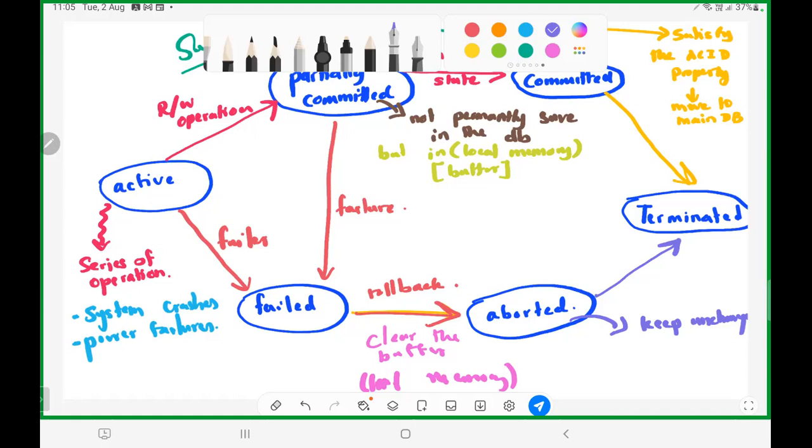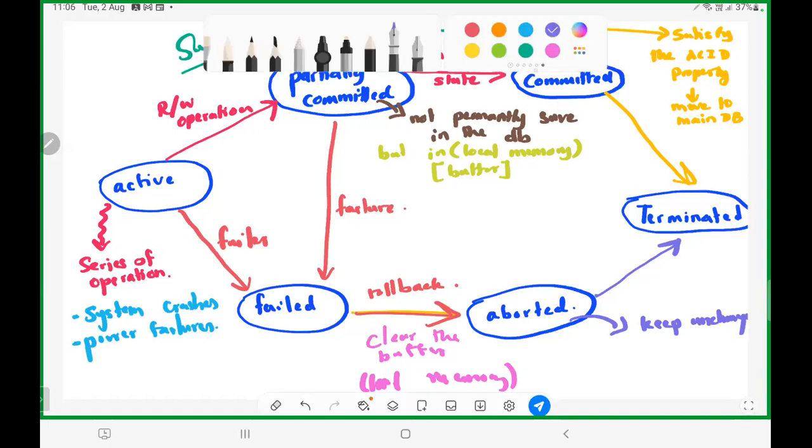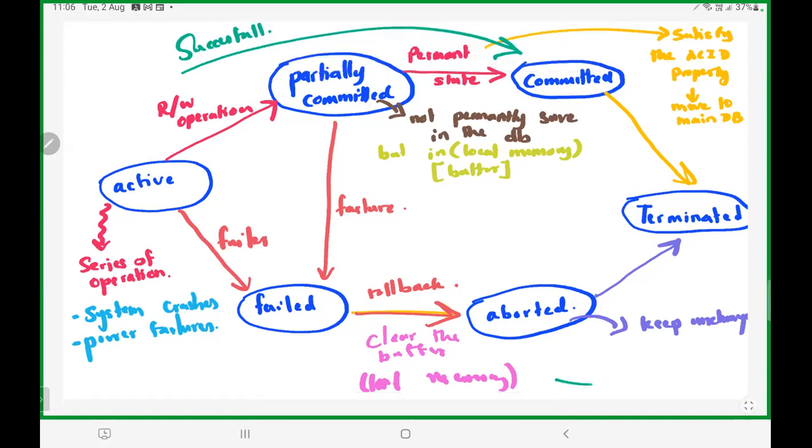Right? This is the abort way, and this is the successful way. This is the status of a transaction. There are mainly 6 statuses in the transaction process.